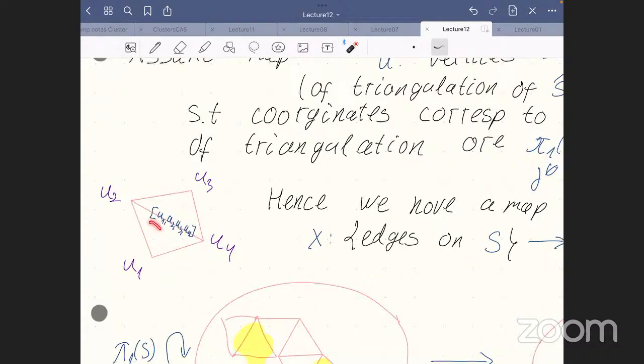In order for this not to equal 0 or infinity, we need to assume that U1 is different from U2, U2 from U3, U3 from U4, U4 from U1. Otherwise, we have problems. So for the PGL2 case, I think this is the only assumption which we actually have. For higher rank, the assumption will be more delicate.